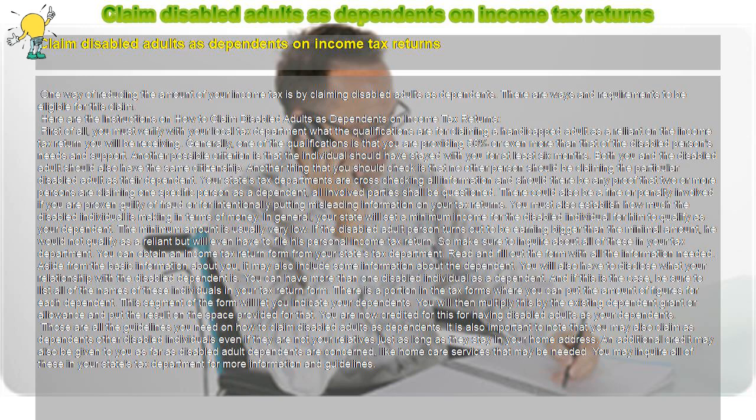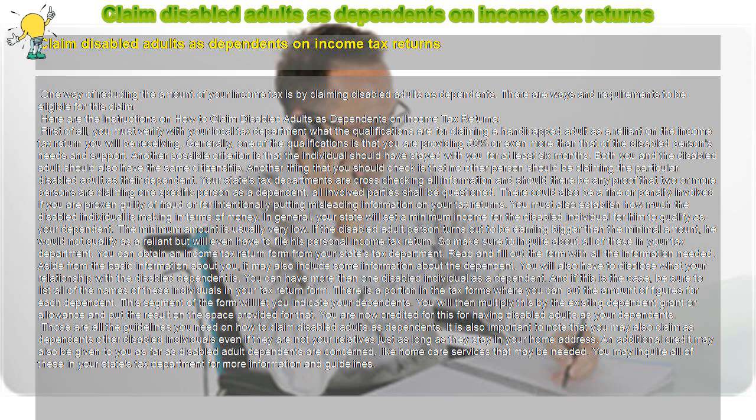You can obtain an income tax return form from your state's tax department. Read and fill out the form with all the information needed. Aside from the basic information about you, it may also include some information about the dependent.